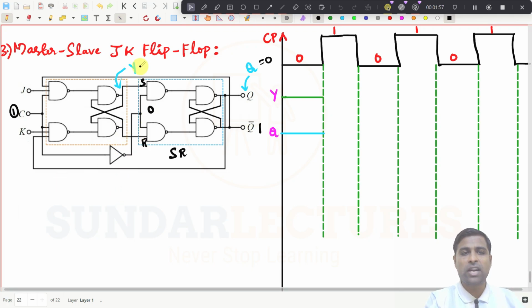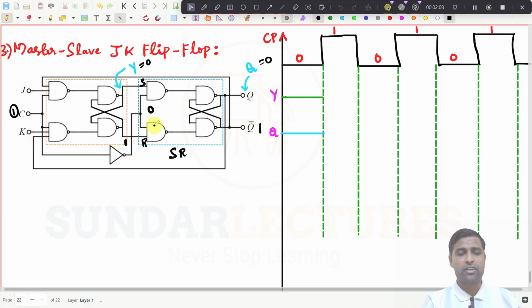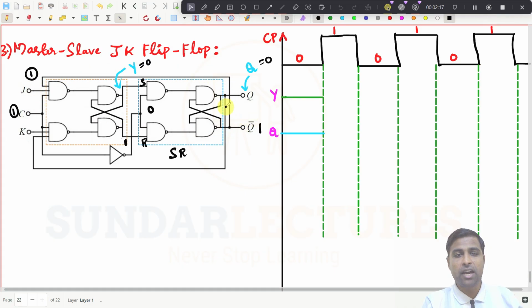I have assumed this to be 0, and the output here is 0 and here it is 1 already in the previous state. So now it is coming to 1. This one will go here, so this flip flop will get 1 from here and this flip flop will get 0.